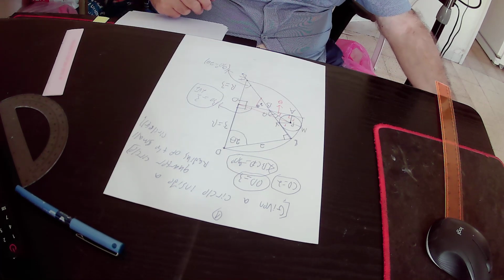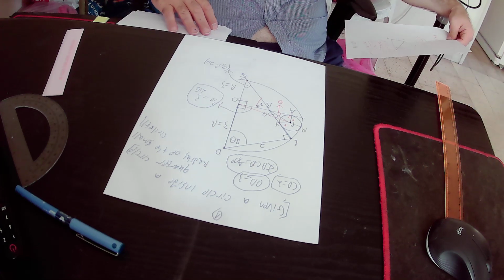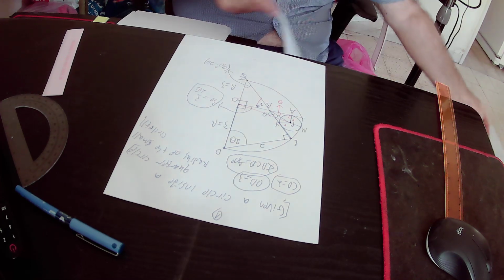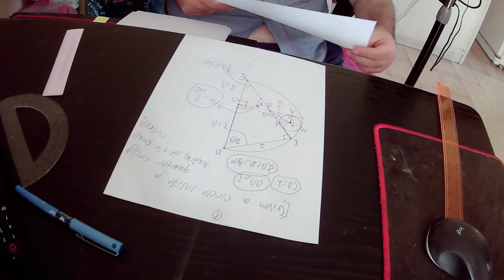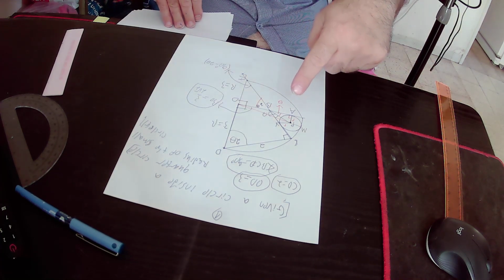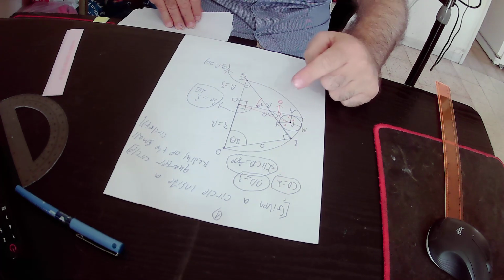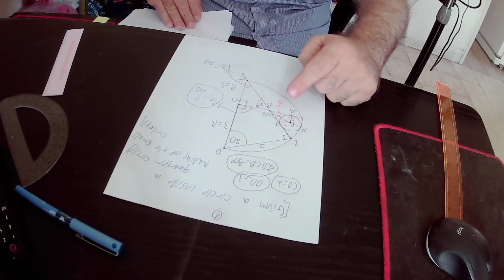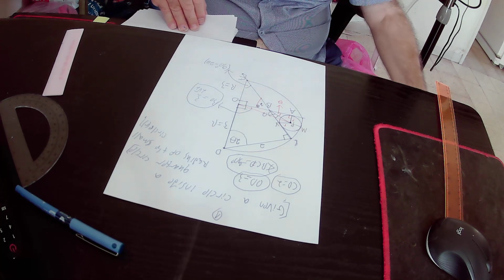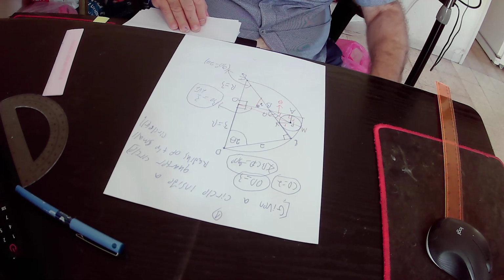Okay, and from that we can conclude that angle ABP is equal to angle PBX, according to the rule that corresponding angles in congruent triangles are equal to each other.